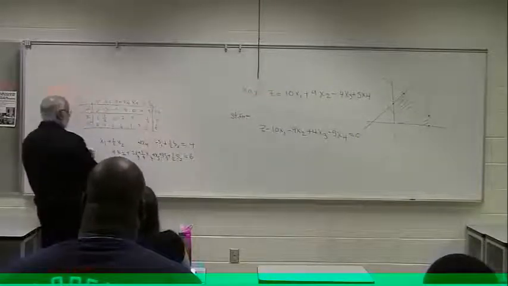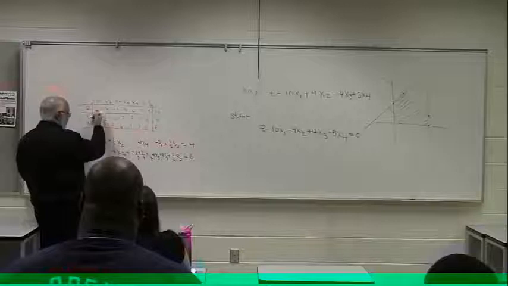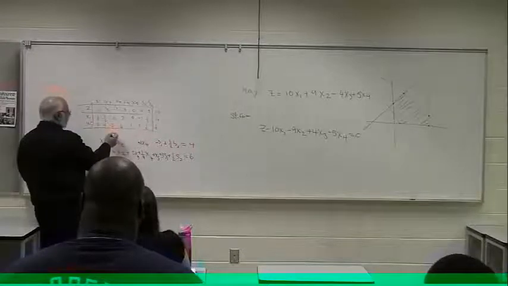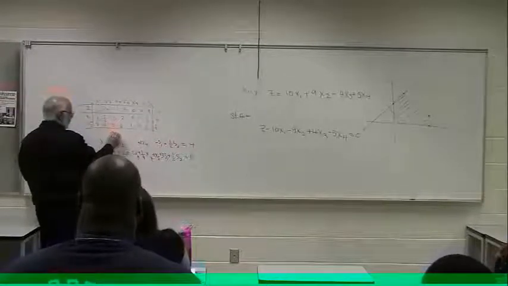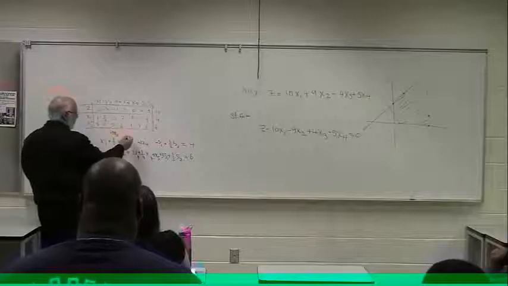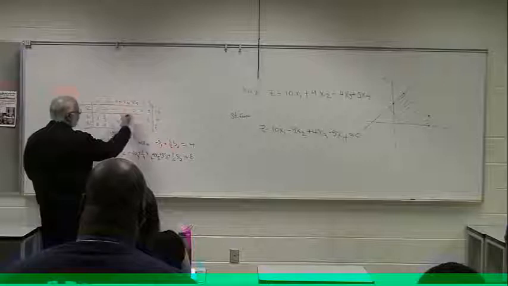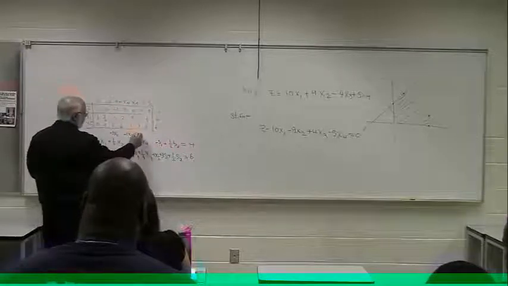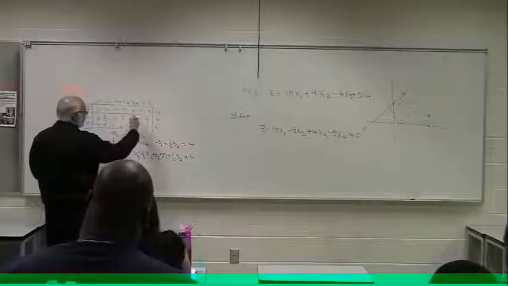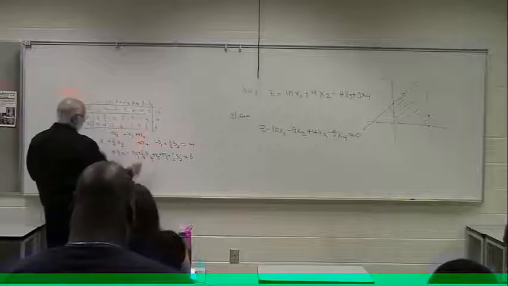How many basic variable? Oh, let me write the z also for you. And the z is going to be no x1, negative 3x2, negative 1x3 plus 4x4, 3, sorry.